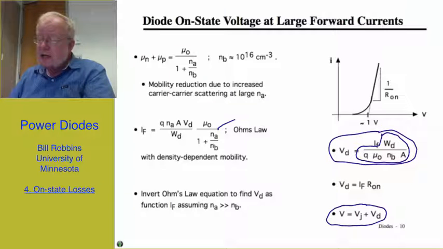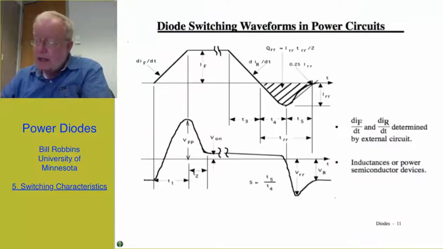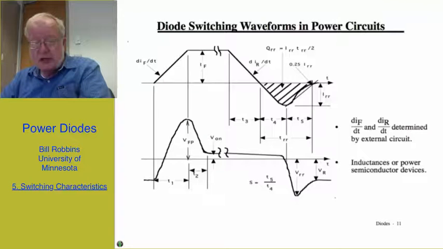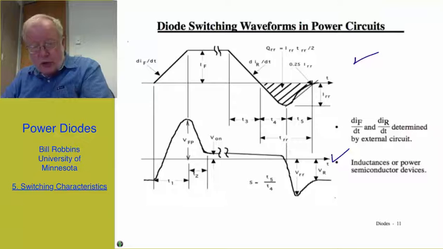So far we have discussed breakdown voltage and on-state losses. We also have to consider the switching characteristics of these p-n junction diodes, and that's what this next slide discusses. I show two waveforms, current versus time and voltage versus time. In the current, at t equal to 0, we begin to turn the current on at a rate of dI_F by dt.